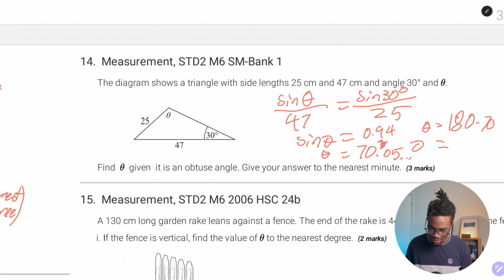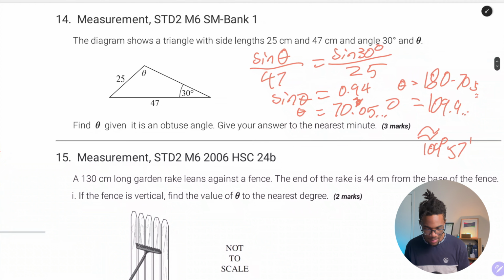Make sure you don't round it, 70.5... And 180 minus that equals 109.9... To the nearest minute, it is approximately equal to 109 degrees 57 minutes. All right, next one.